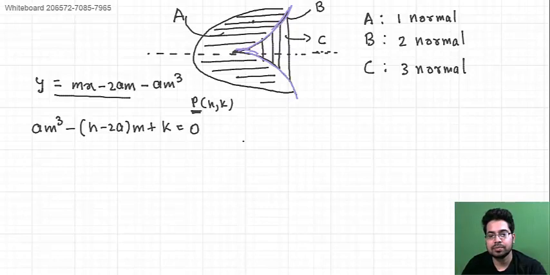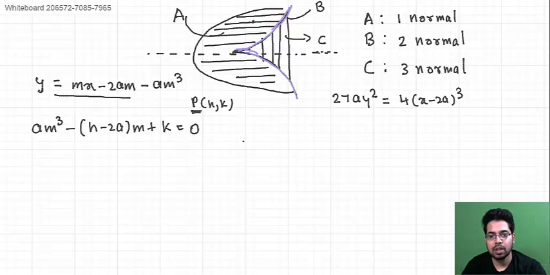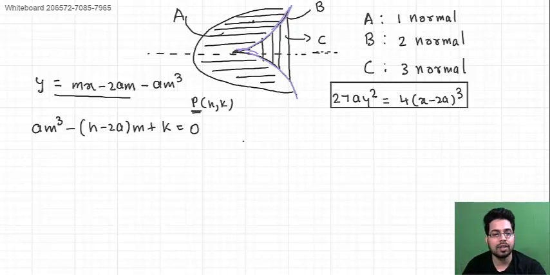This would be 27ay square equals to 4(x minus 2a) whole cube. Let me put this inside the box.